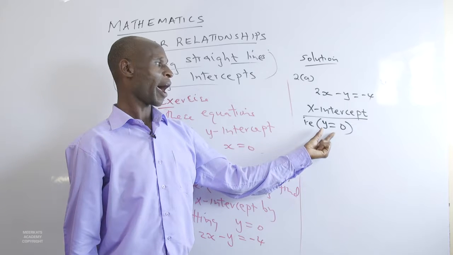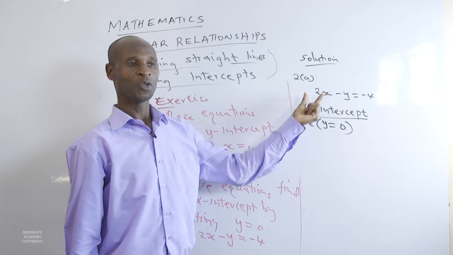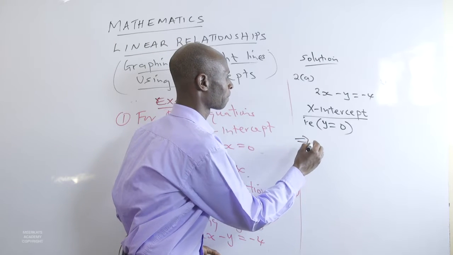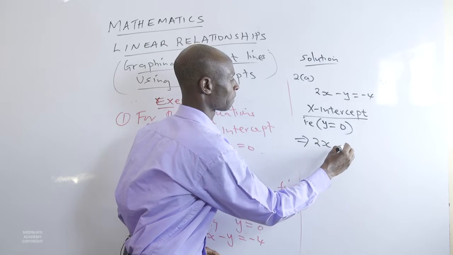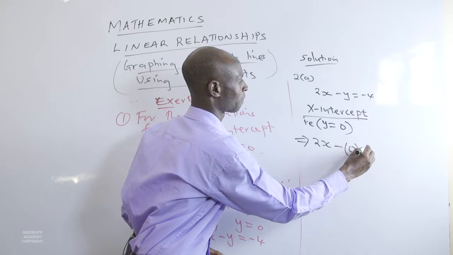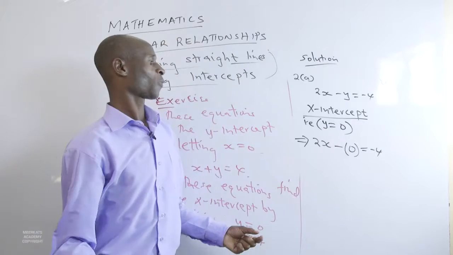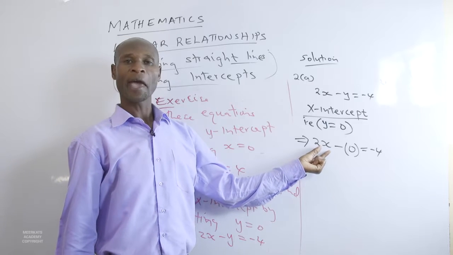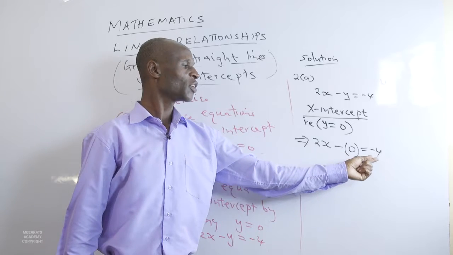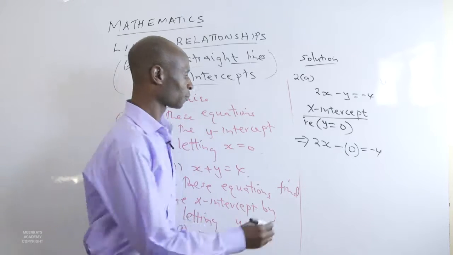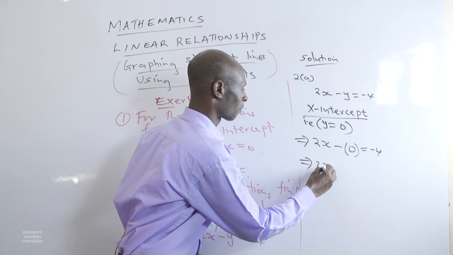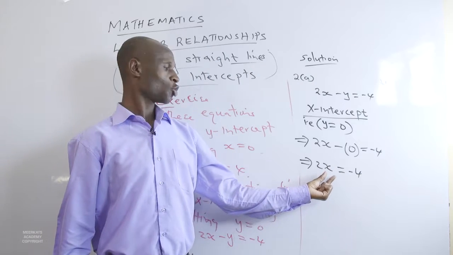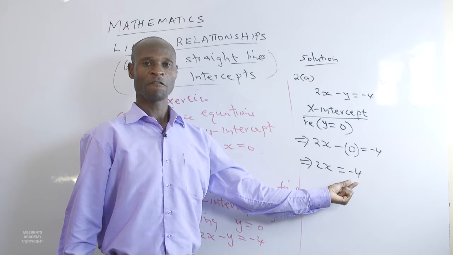Where there is y in our linear relation, you substitute with a 0. In this case, the relation becomes 2x minus 0 is equal to minus 4. That means 2x is equal to negative 4.